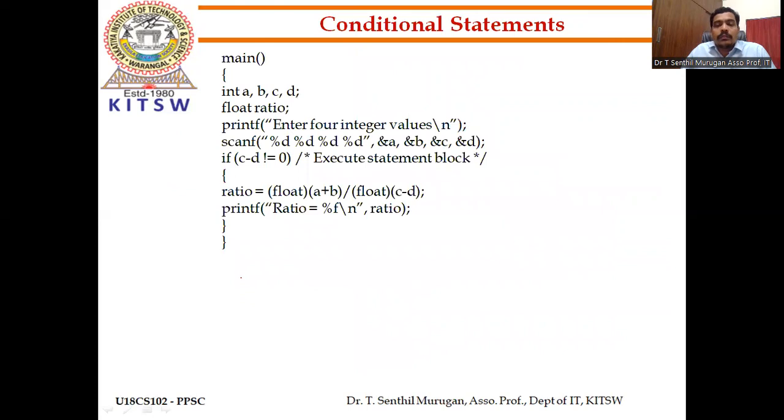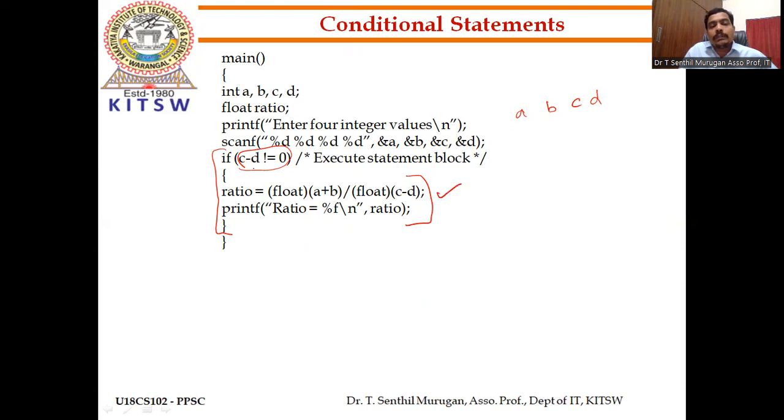See this example. This is the program. Initially, I take four integer values: A, B, C, D. Here I am checking this if statement. This is the if block. If the condition is true, then these two lines will be executed.